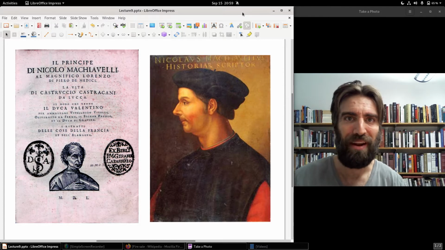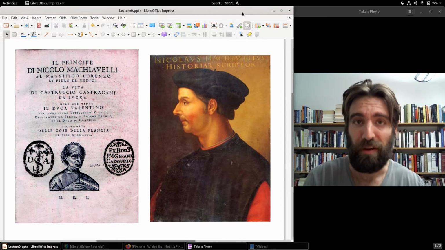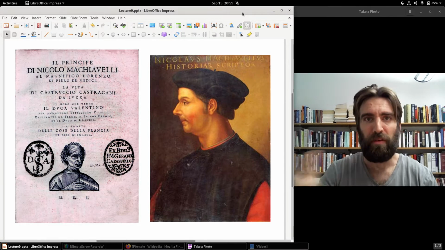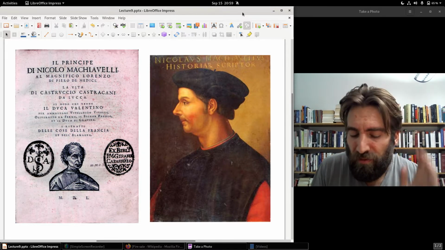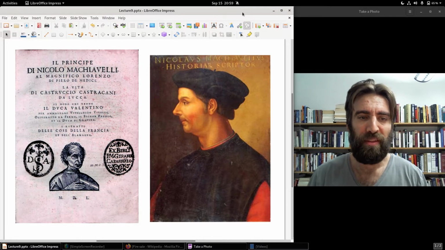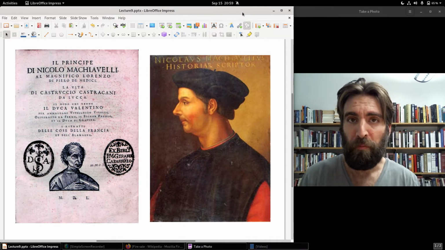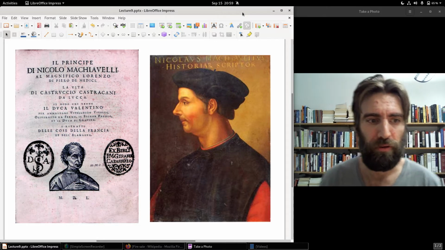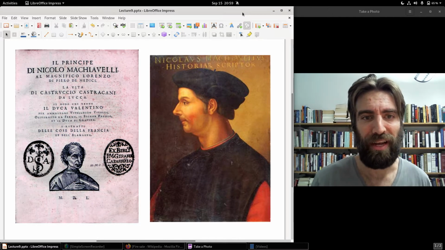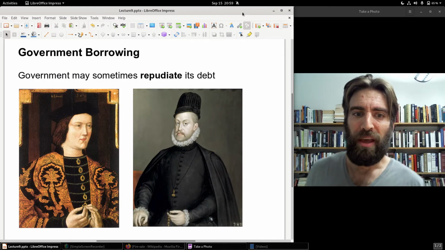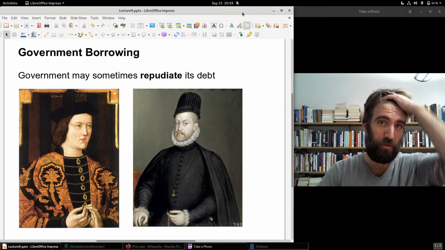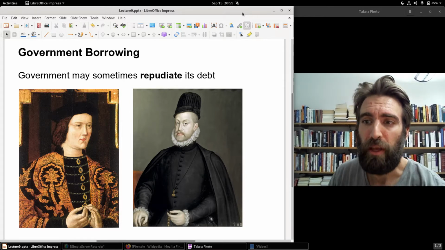This was the time that Machiavelli was writing The Prince, and in The Prince you read all about the different machinations of various government rulers, but war is central to the state's existence, and so being able to finance that warfare is vitally important. Now, a creditor or a bank could get in a lot of trouble if the government takes a step of repudiating its debt, and this was not unknown in the ancient world.